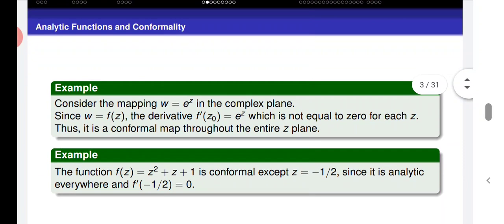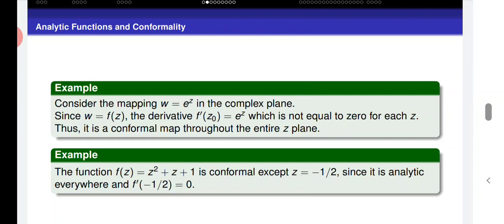Now we have an example. We consider the mapping w equal to e raised to z in the complex plane. Since w equals f of z, the derivative f dash of z is equal to e raised to z, which is not equal to 0 for each z. Thus it is a conformal map throughout the entire z plane.